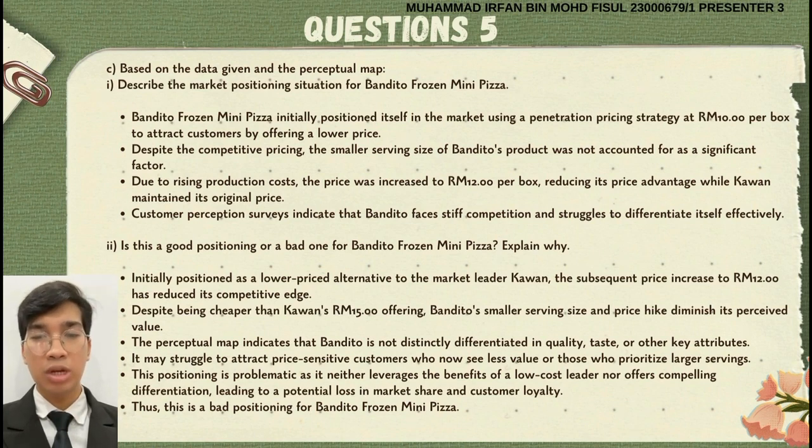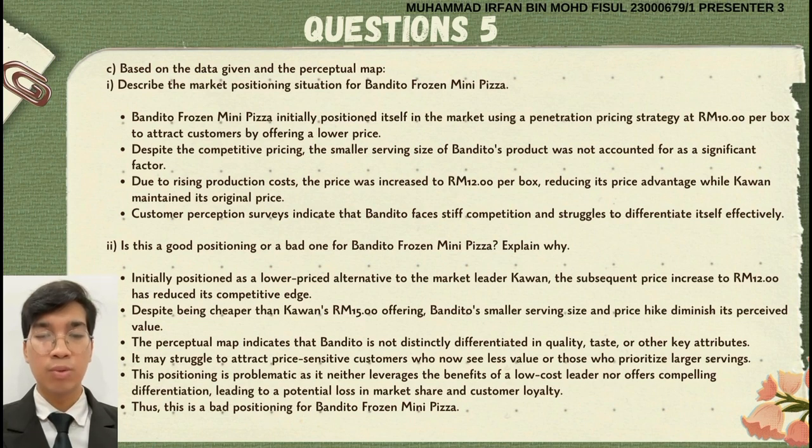Due to rising production costs, the price was increased to RM12 per box, reducing its price advantage while Kawan maintained its original price, negatively impacting Bandito's market share. Customer perception surveys indicate that Bandito faced stiff competition and struggles to differentiate itself effectively, with price increases diminishing its competitive edge in a market where competitors like Kawan offer perceived better value through larger serving size.